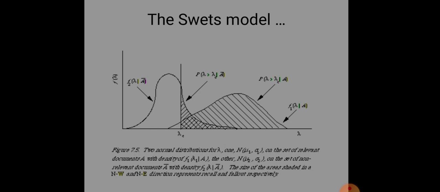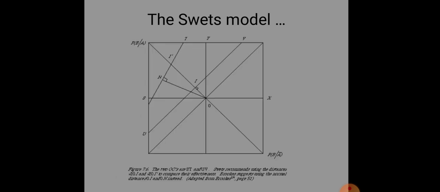So in order to get the correct performance values or effectiveness, what Swets did was, he tried to get the operating characteristic curve, or OC curve, of this particular distribution. It will be like this. This is the OC curve. Here the two OCs are there, ST and UV. These are the two operating characteristic curves of recall and fallout.